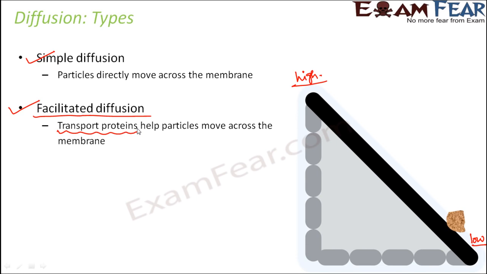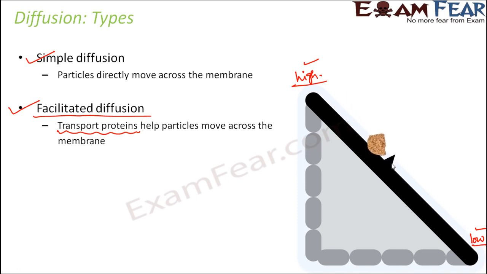Now let us look at the same example. In the case of simple diffusion, we saw that a stone will directly move down the hill from a region of high concentration towards a region of low concentration. Now suppose the same stone has to come down the hill, from high concentration to low concentration, but now you have a small barrier in between.